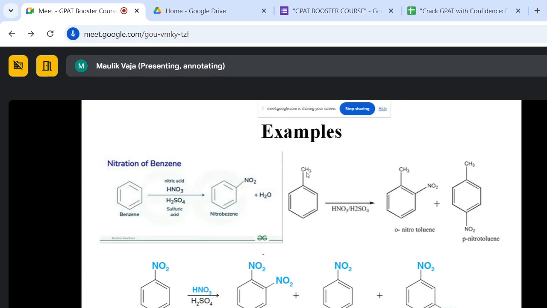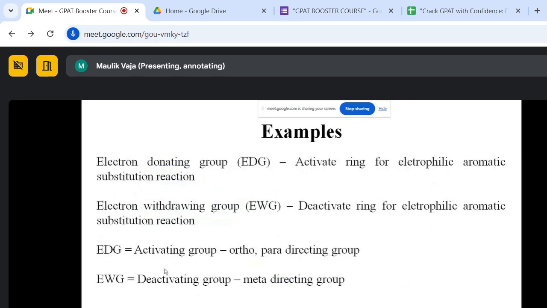So if the electronegativity of the directly attached atom is higher, then it will become electron donating group, and if the electronegativity of the directly attached atom is low, like here nitrogen's electronegativity is less and oxygen's electronegativity is more. You can see from this order.